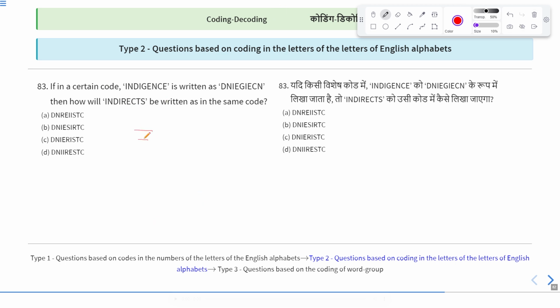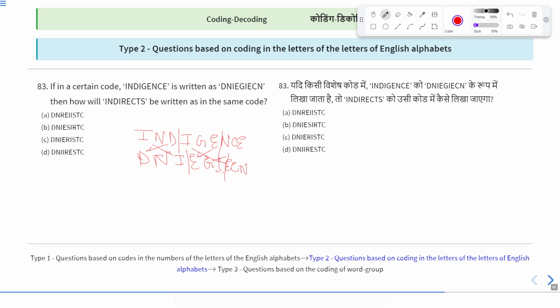Indigenous. Taking pairs of three letters, I and D becomes D and I. Letters are swapped.